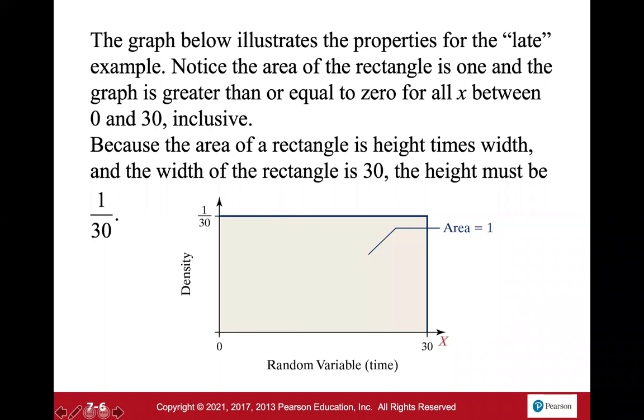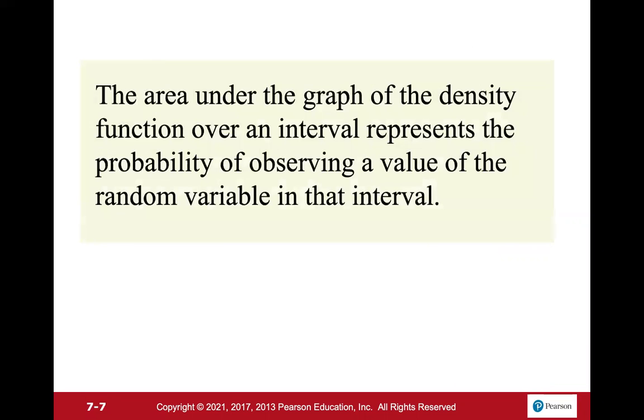Again, this isn't what you're going to be tested on or anything, so you don't have to worry about that too much. But now this leads us to the area under the graph of a density function over an interval represents the probability of observing a value of that random variable. So going along with how they presented this material, we have our graph.